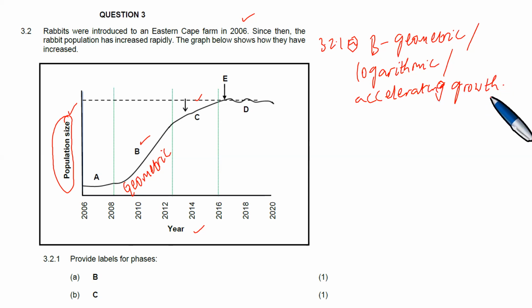In part B, you are seeing the geometric, or it's called the logarithmic, or also called the accelerating growth. That is when you study population.